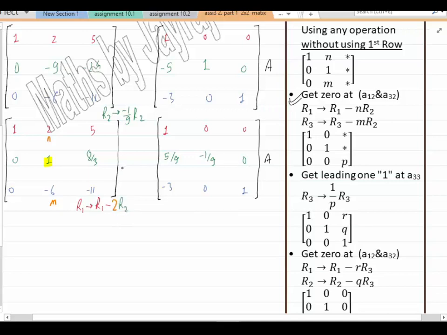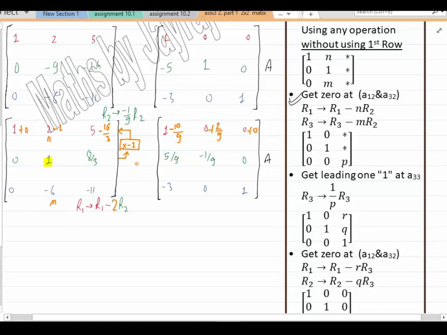So we have to multiply minus 2 to the second row and then add to the first row. So it will give us plus 0, minus 2, 8 by 3 into minus 2 will give us minus 16 by 3. Same thing on the right side will give us minus 10 by 9, plus 2 by 9 and 0.